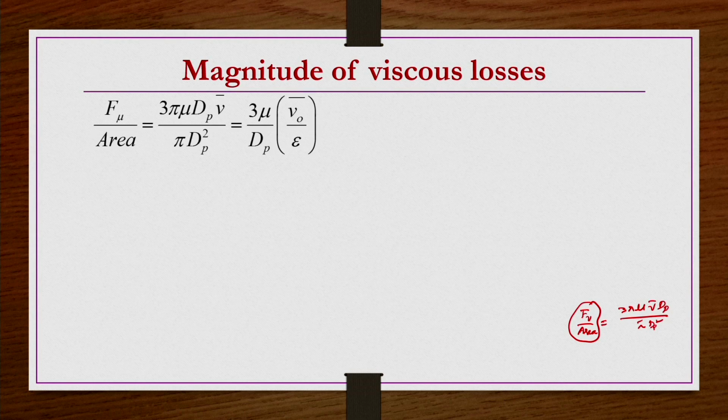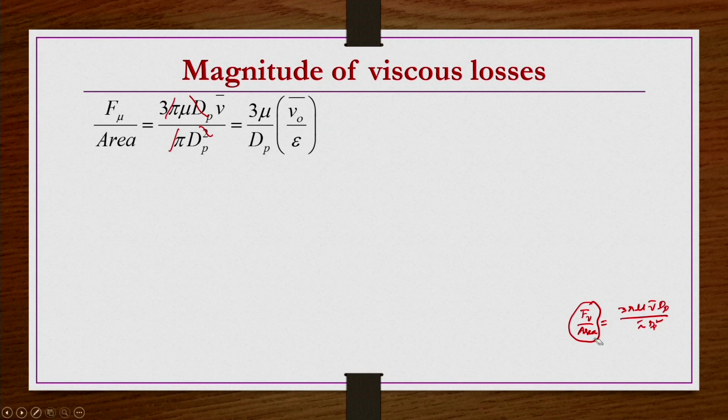If you do that, pi is cancelled out, and then 3 mu by dp, and the square of dp is cancelled out. So 3 mu by dp, where v bar is nothing but v naught bar by epsilon.